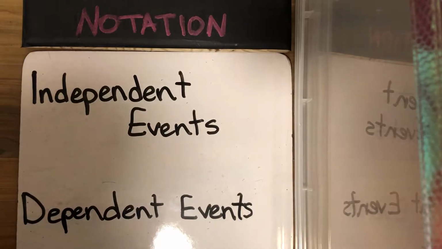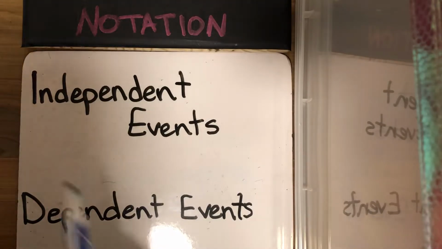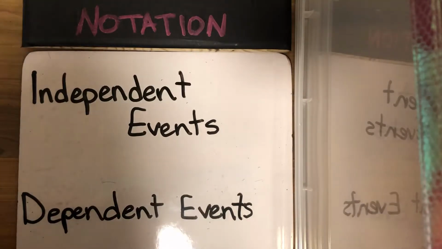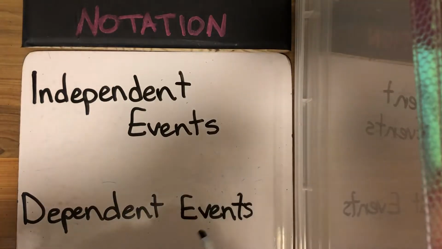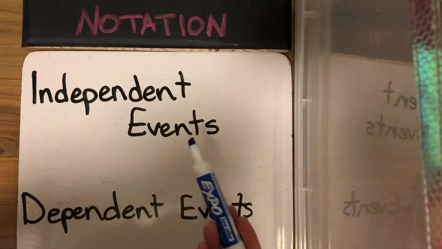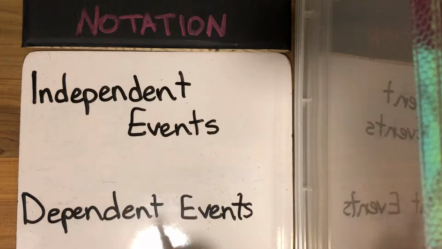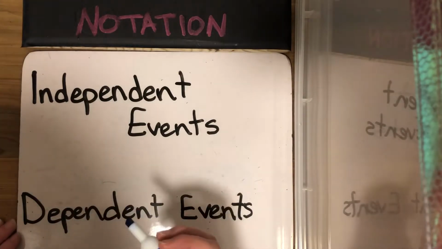Now for probability, it is important to know about independent events and dependent events. Independent events are events where one outcome is not affected by the other outcome. And dependent events are when they are, so one event will be affected by another. Now, for independent events, what we need to know is the formula for it.